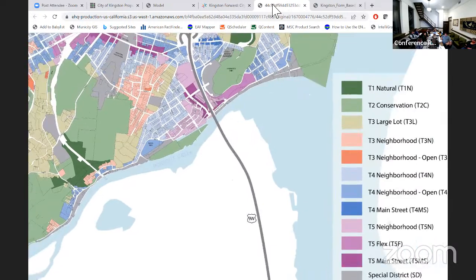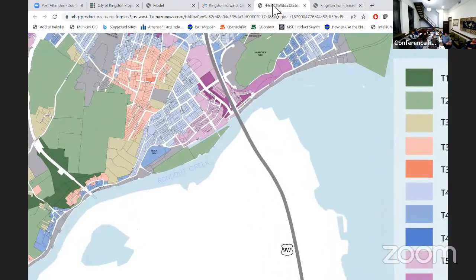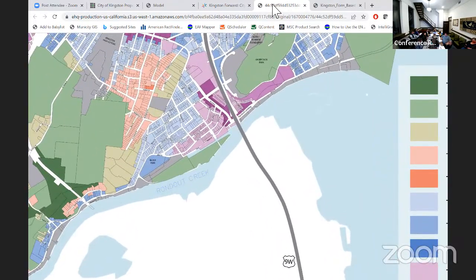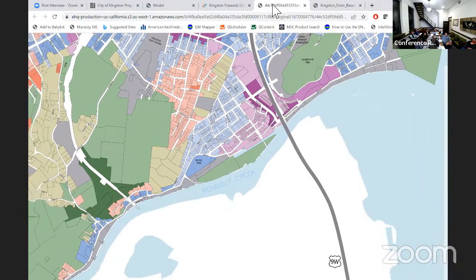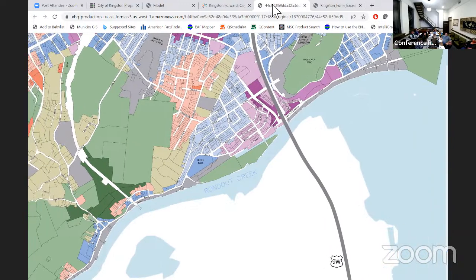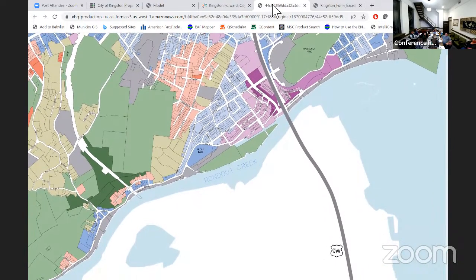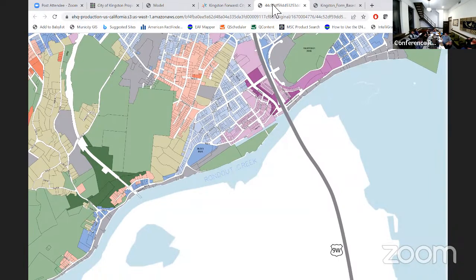So the waterfront mixed use development is in those two areas along the Rondout Creek, on the water side only of the closest public right-of-way to the water.